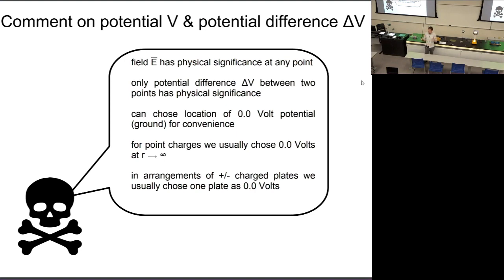On the other hand, we'll see cases where we've got plates of charge, a positive plate and a negative plate. In that case, it turns out to be convenient typically to define one or other of these two plates of opposite charges to be at 0 volts. So there's a freedom, but there's a complexity that comes with electrical potential. So this was to warn you about that.